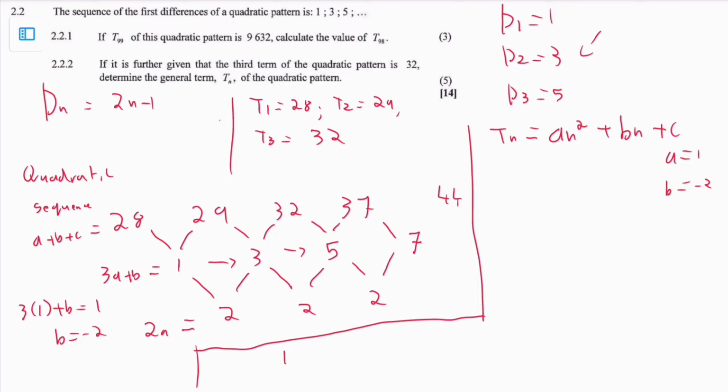So 1 plus -2 plus c equals 28, so c is going to be 29. So the general formula is just going to be, let me just confirm this, yes, n squared minus 2n plus 29. And that's your final answer. So nothing to be too scared of.